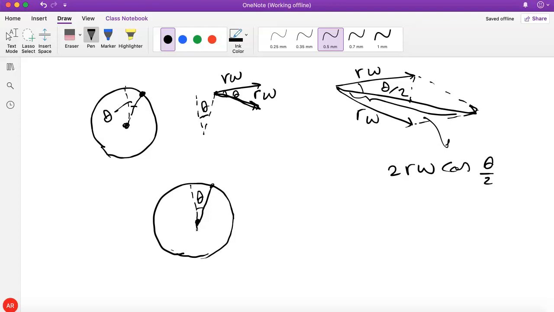Then this angle over here is going to be theta over 2, right?